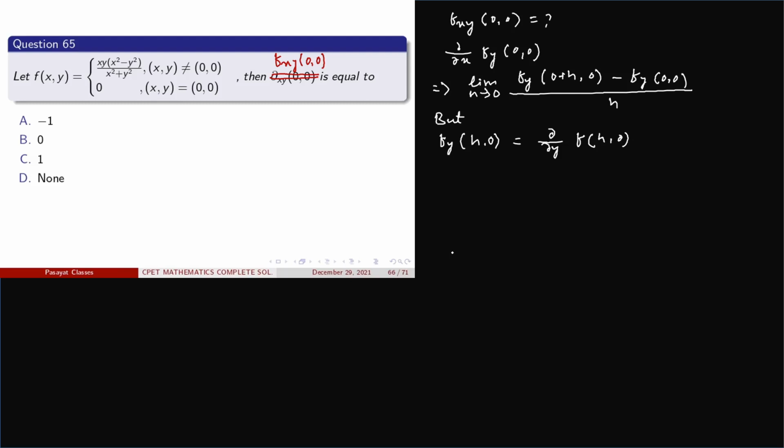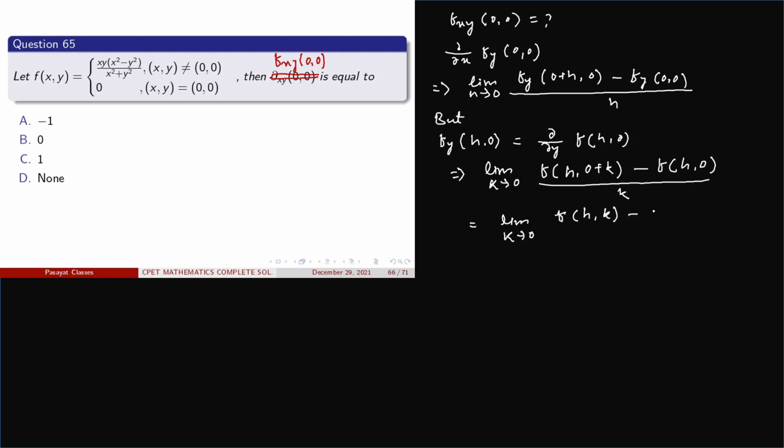Now rewriting this in limiting form, we get the limit k tends to 0 of f of h comma 0 plus k minus f of h comma 0, whole divided by k, and from this we get the limit k tends to 0 of f of h comma k minus f of h comma 0, whole divided by k. Now we have to substitute h in the place of x and k in the place of y.